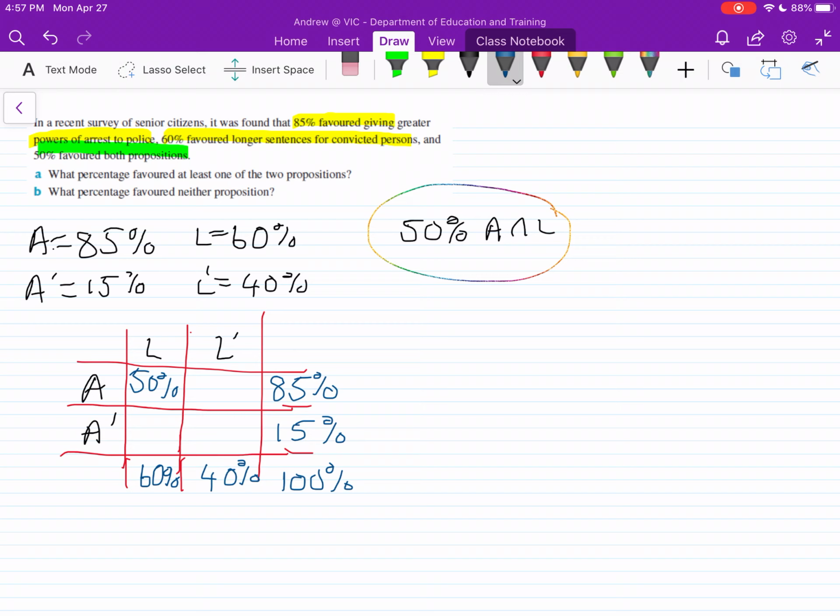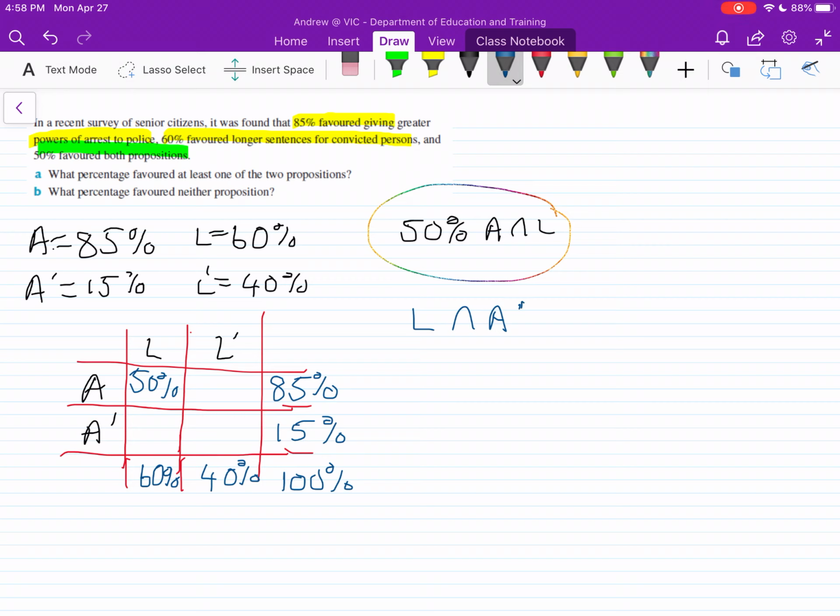Now that we've got that value, we can start filling in our Karnaugh map. Firstly, we can look at the people that wanted longer sentencing but didn't want giving greater powers of arrest.